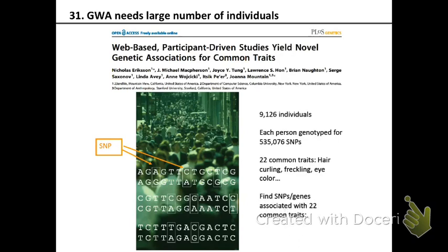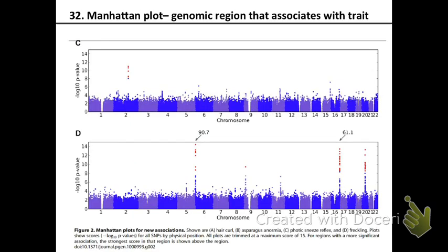So how do we actually express this data? We use something called a Manhattan plot because it looks like large blocks, right? Okay, so what's a Manhattan plot? On the x-axis, you have each of the chromosomes, and each of these dots is a SNP location, okay?